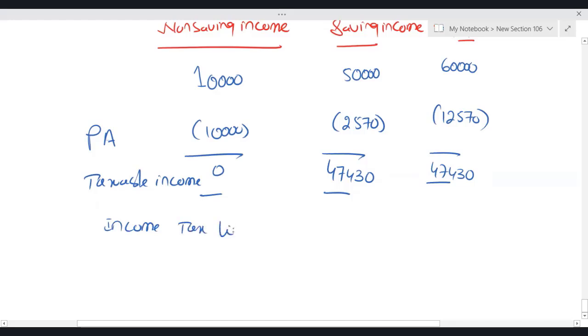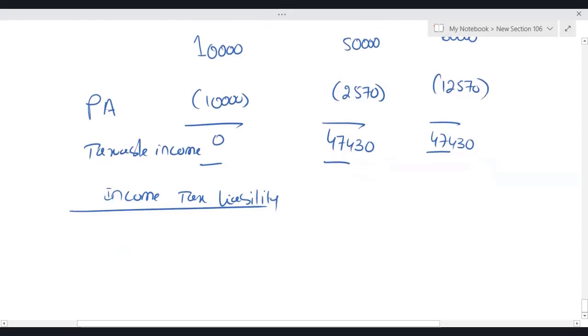Income tax liability. Okay, answer. One student has shared the answer: 10,332. Let's see. Income tax liability. Can I say the taxable income in the column of non-saving is 0?